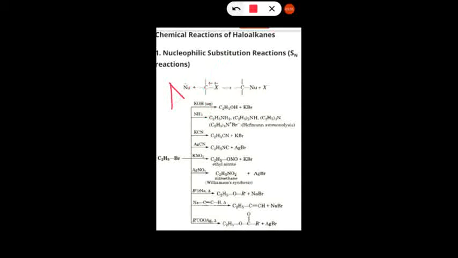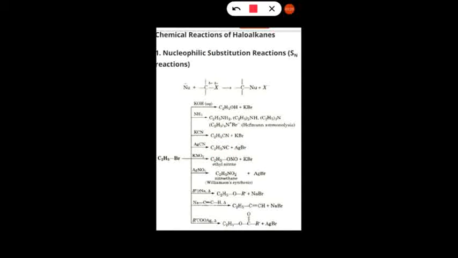Isonitrile is the product formed when AgCN reacts, because it is covalent. In the presence of AgCN, you should not write alkyl cyanide, your answer will be wrong. Always it forms isocyanide as the product. The reason is that this is a covalent bond.